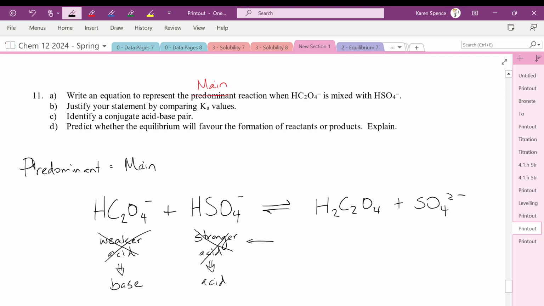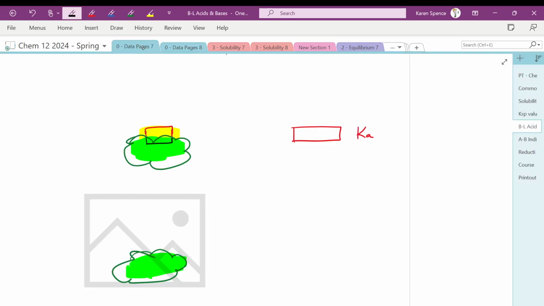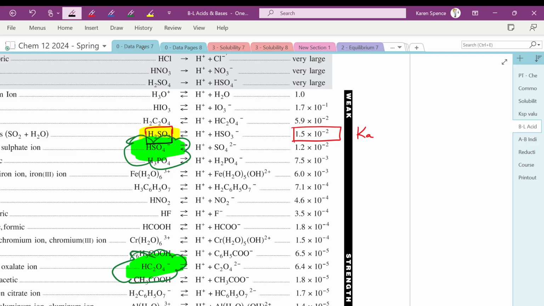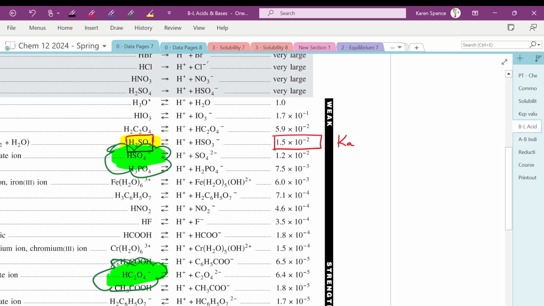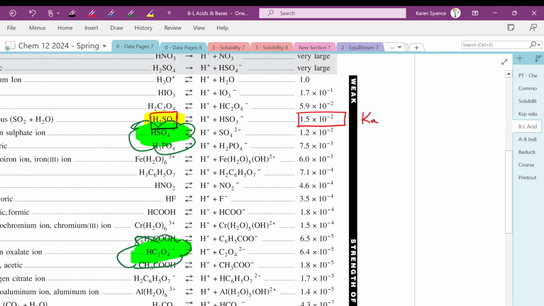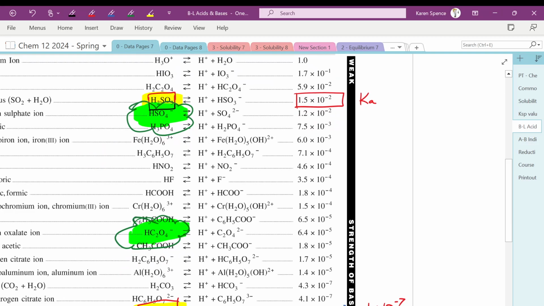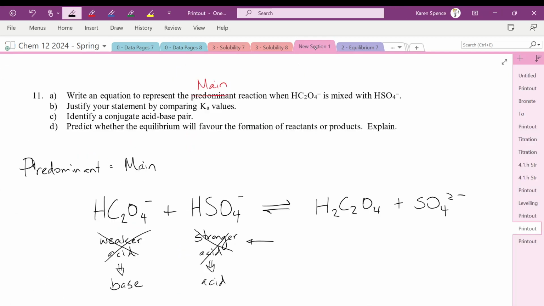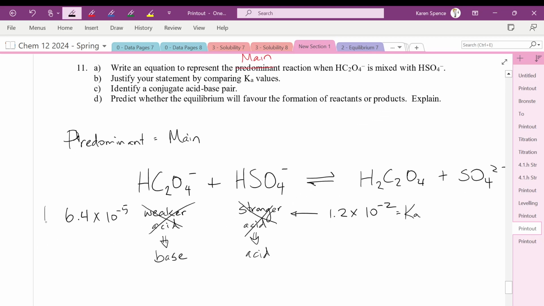Well, if you weren't asked to justify it, you could just say it was a stronger acid. But because you are asked to justify it: 1.2 times 10 to the minus 2, 6.4 times 10 to the minus 5. Okay, that's our Ka, and that's our Ka.